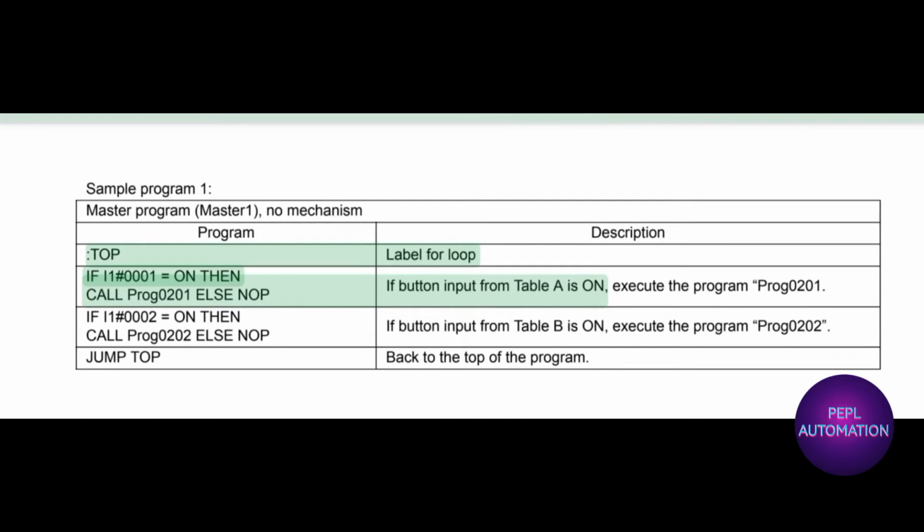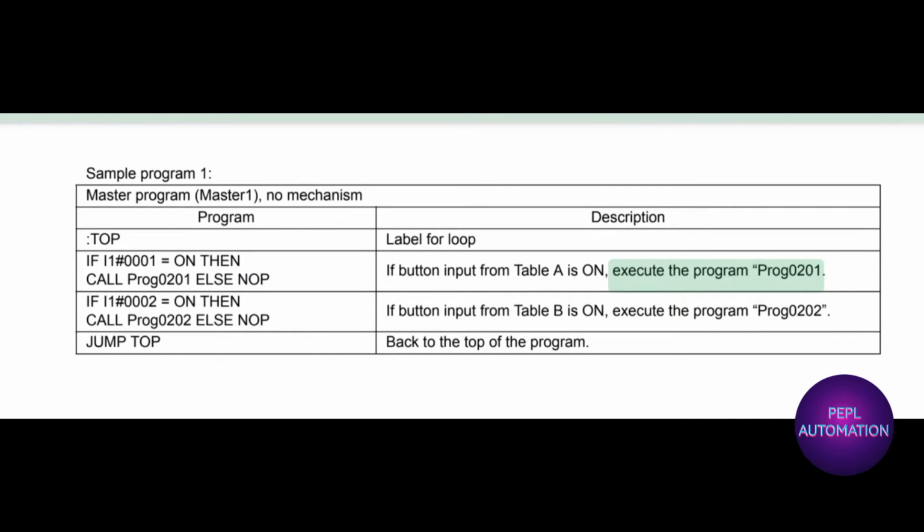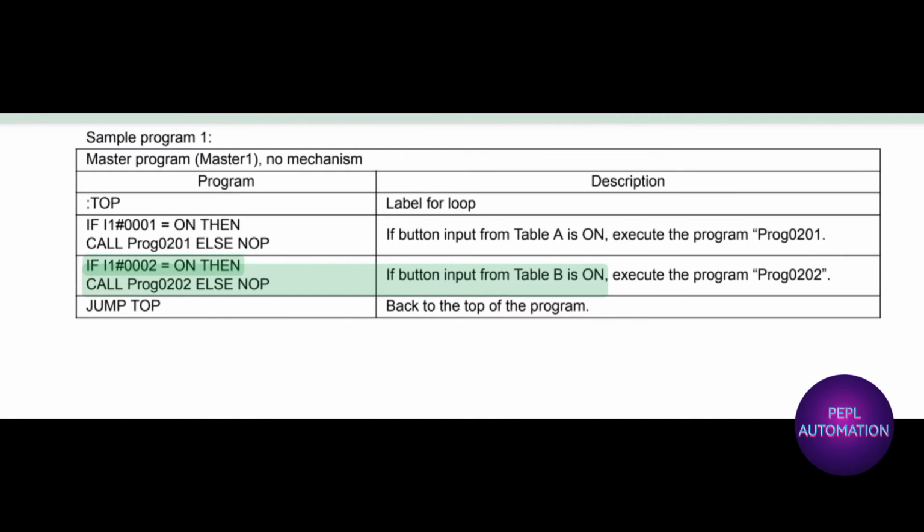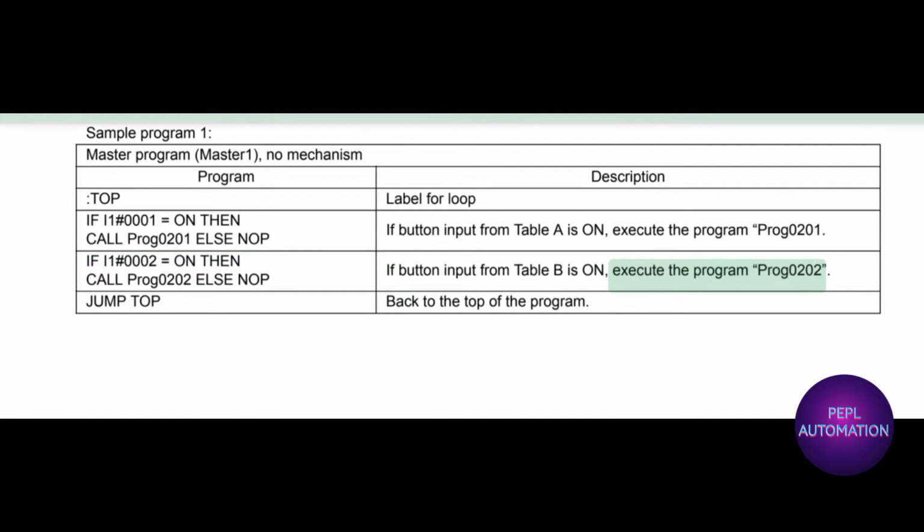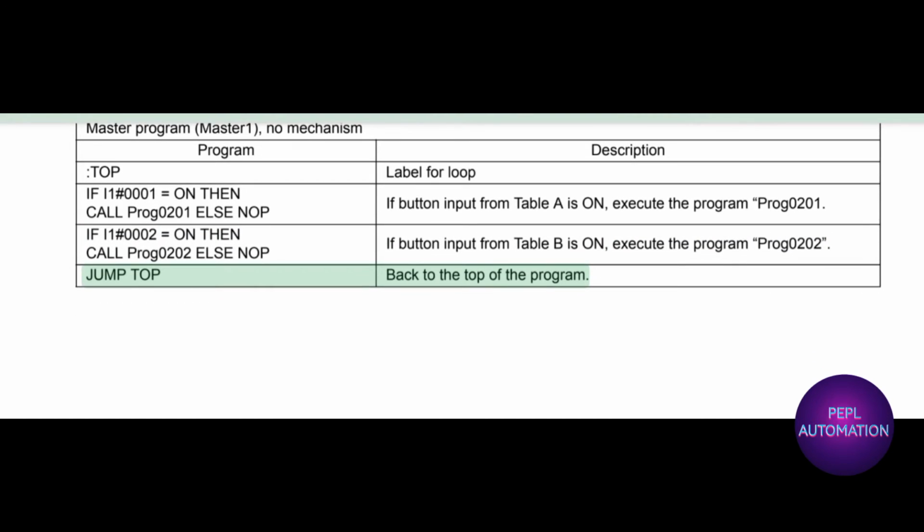Top, label for loop. If I1 number 0001 equals on, then call prog 0201, else NOP. If button input from table A is on, execute the program prog 0201. If I1 number 0002 equals on, then call prog 0202, else NOP. If button input from table B is on, execute the program prog 0202. Jump top, back to the top of the program.